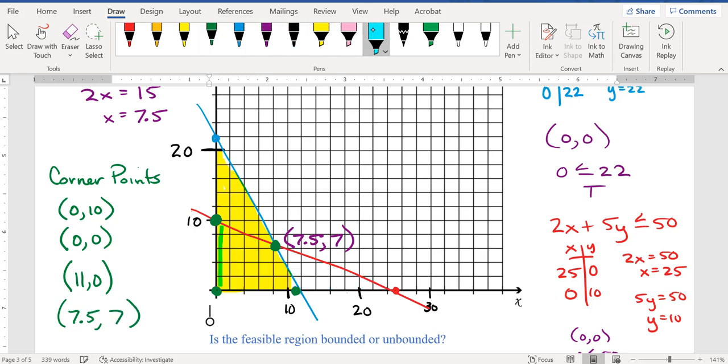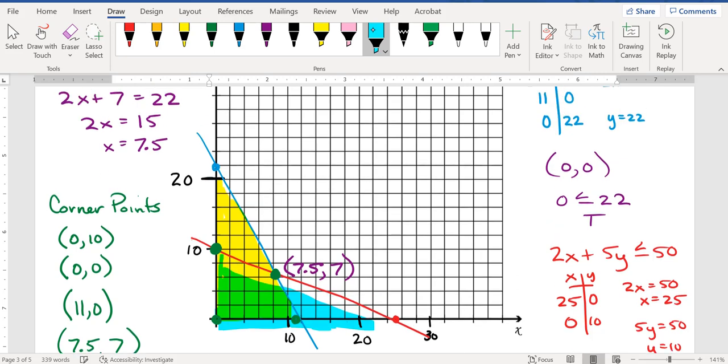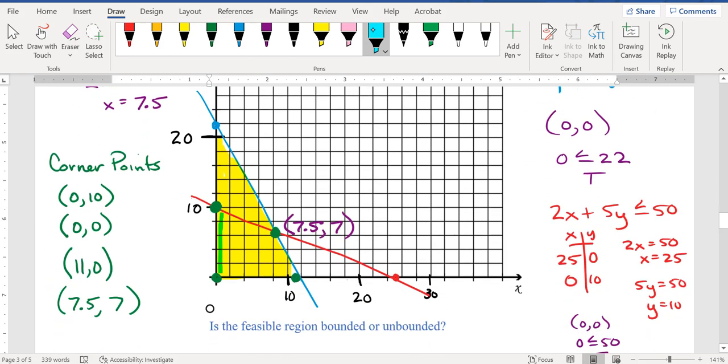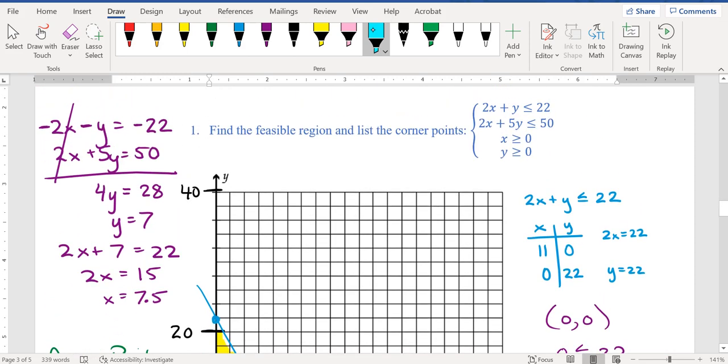Now, to summarize what we just did, these two inequalities restricted us into the first quadrant.